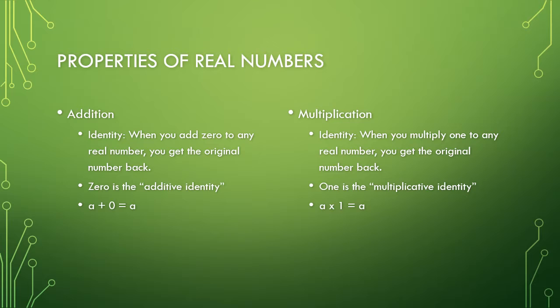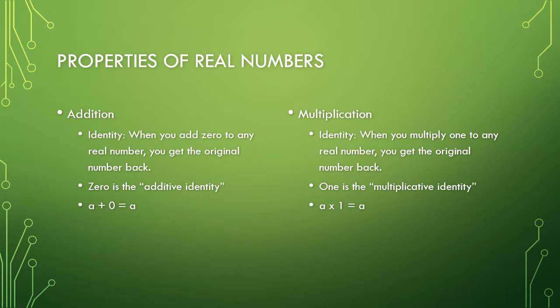Then we have what are called the identities for addition and multiplication. The identities are numbers that we can either add or multiply to a real number without changing what it is. For addition, we have the additive identity of 0. If I add 0 to anything, I get the same number back. 0 plus 11 is 11.